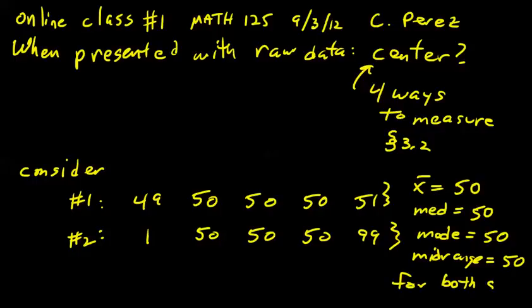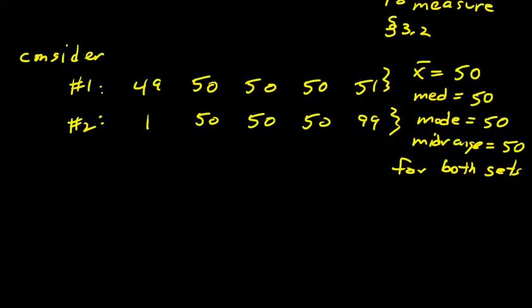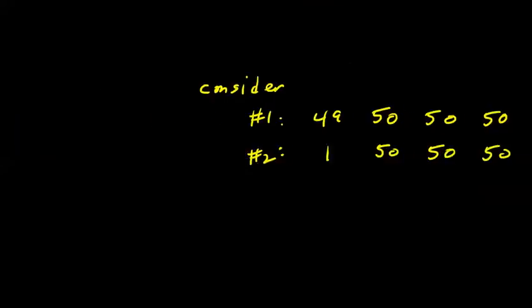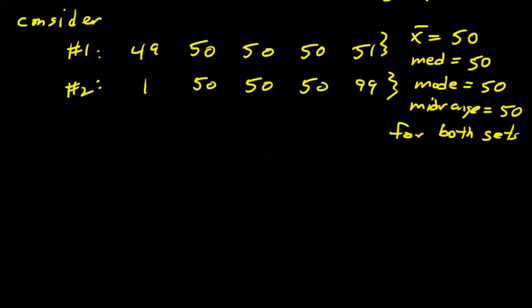But as we can see by looking at both sets, the nature of the data is very different. And we'll need something more than simple measures of center to discern between the behavior of these 2 sets.